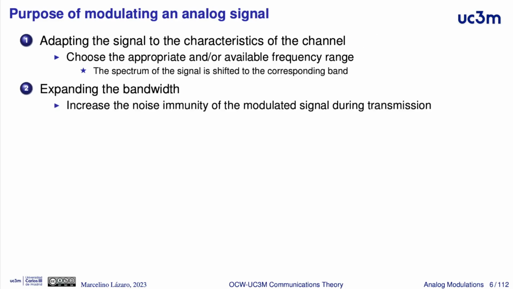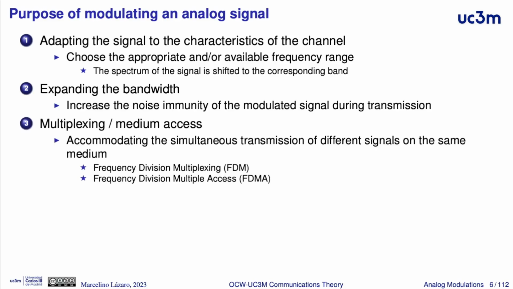Another reason is to expand the bandwidth of the signal, and the expansion of the bandwidth has a purpose. The purpose is to increase the noise immunity of the modulated signal, to reduce the effect of the noise during the transmission of the signal. And the third possible purpose to modulate an analog signal is to transmit simultaneously several signals in the same medium.